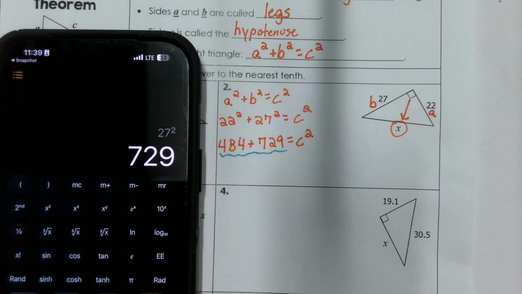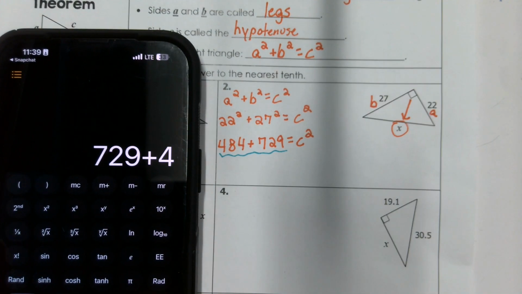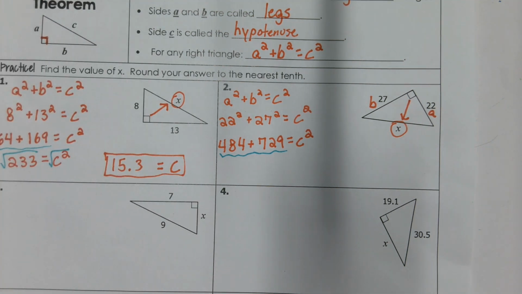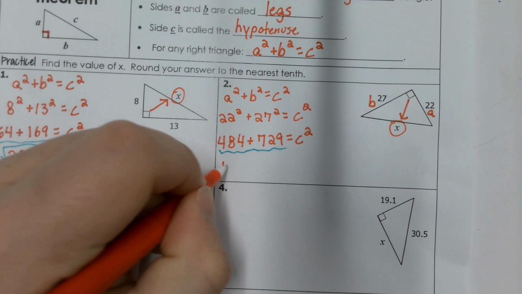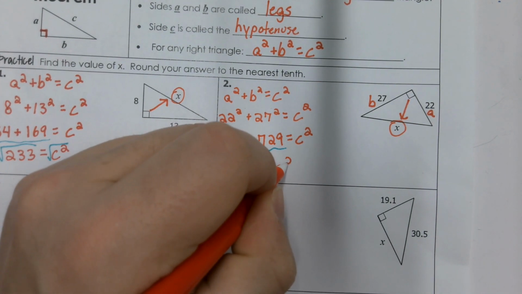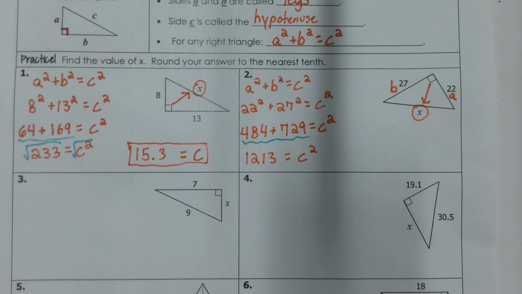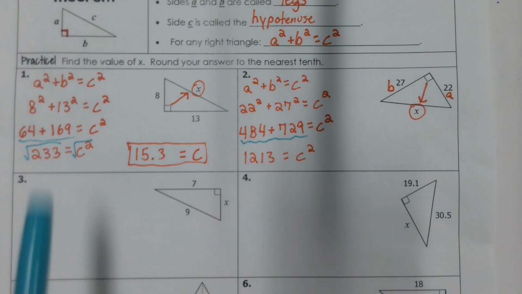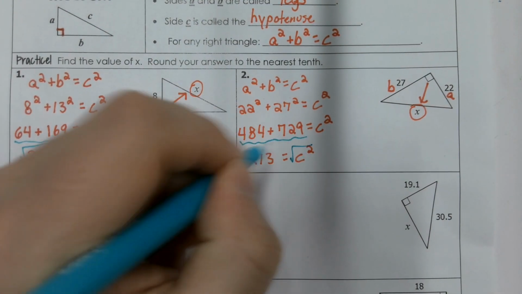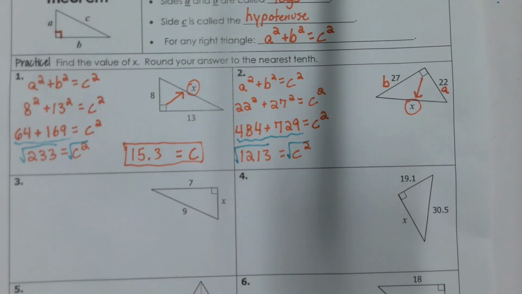So we got 729 plus 484, and that's a total of 1,213, equals c squared. And just like we did over here, in order to get c by itself, I need to come in and take the square root.